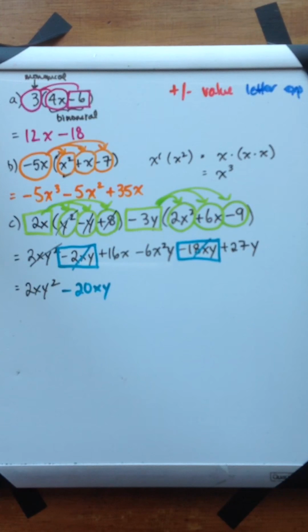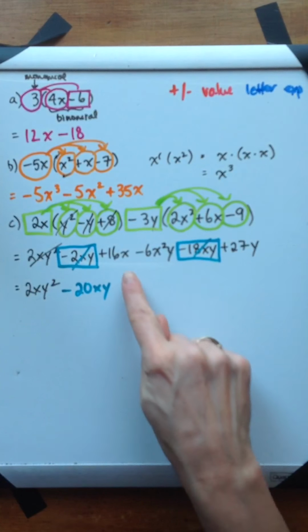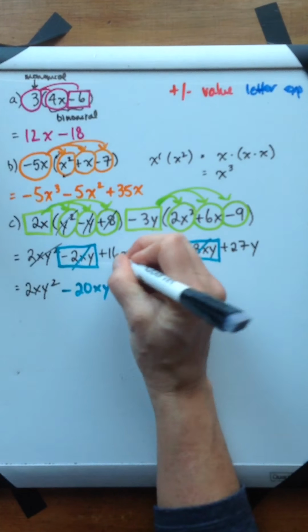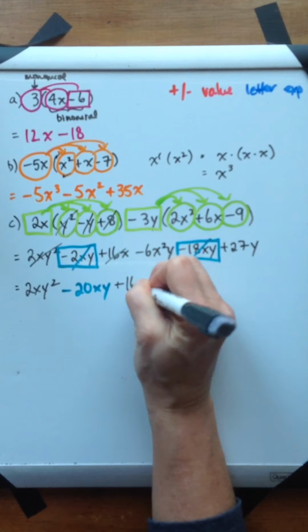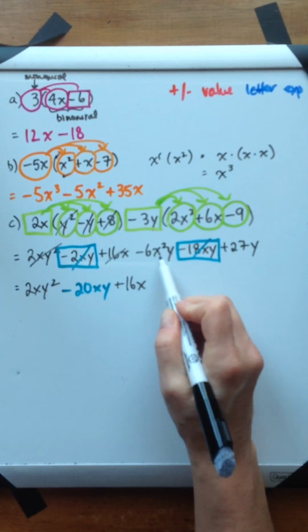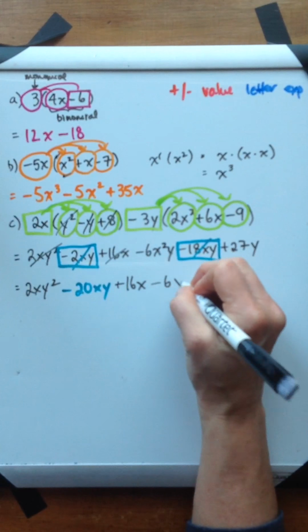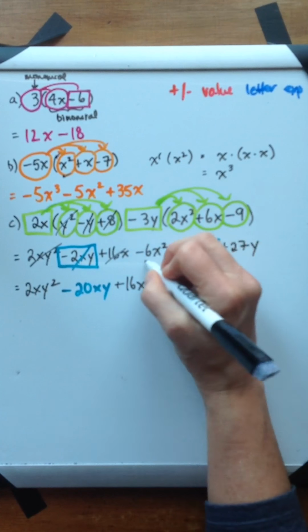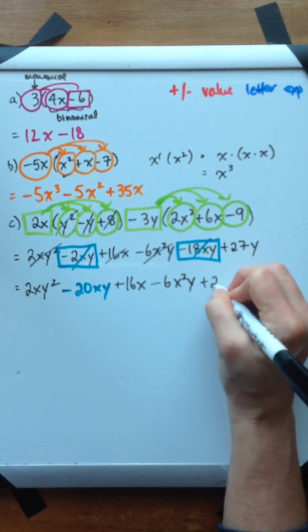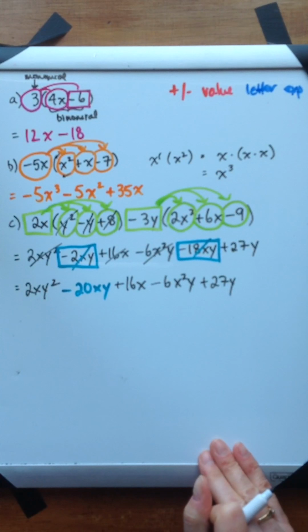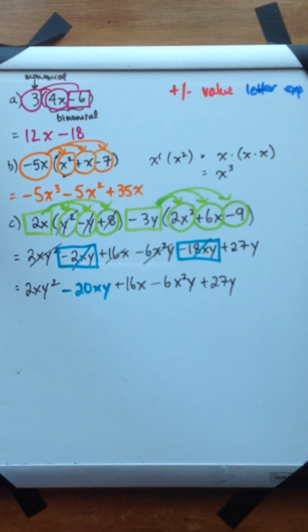Now, let's see if there are any other types. This is an x-type term. There are no other x-type terms, so I'm just going to leave it as is. Here is an x squared y term. Again, no other term like it, so I can leave it as is. And here is a y-type term. It's the only one, so therefore this answer is as simplified as it can be.